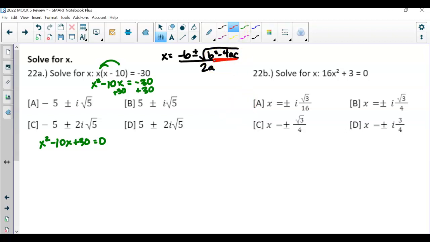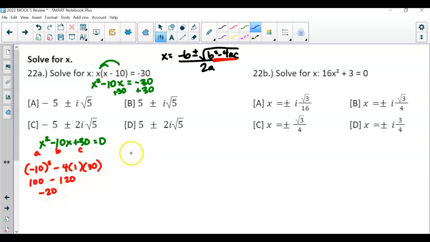So here the discriminant is b squared minus 4ac, so identifying my a, b, and c, -10 squared minus 4 times 1 times 30. That's 4 times a times c, which is 100 minus 120, giving you a discriminant of -20. That's why we need i in our answer, because the discriminant's negative and we have 2 imaginary.